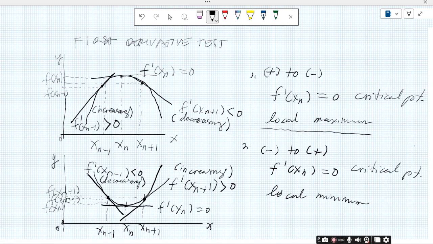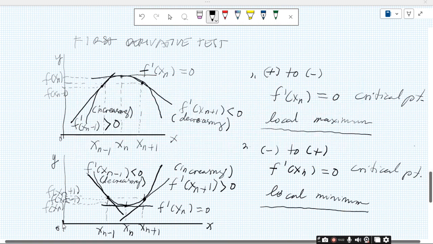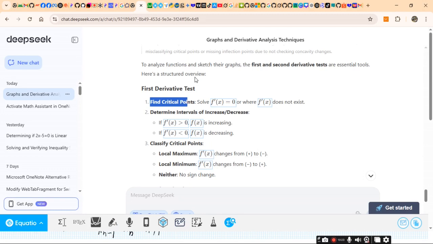Conversely, if the first derivative transitions from negative to positive, it has no choice but to pass through a value which is again 0, and that's the critical point at xn. Hence, we have a local minimum at xn. So here we have verified the claim for the first derivative test.